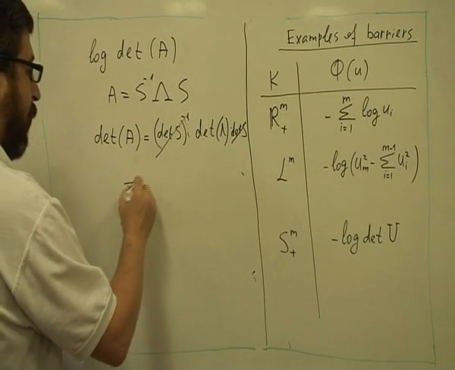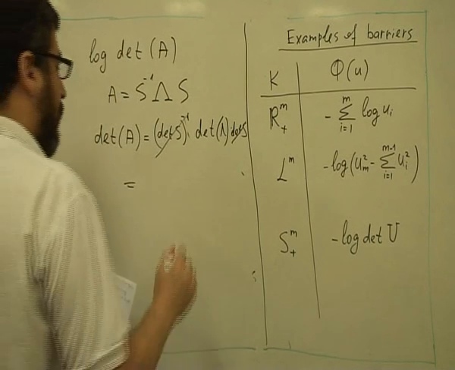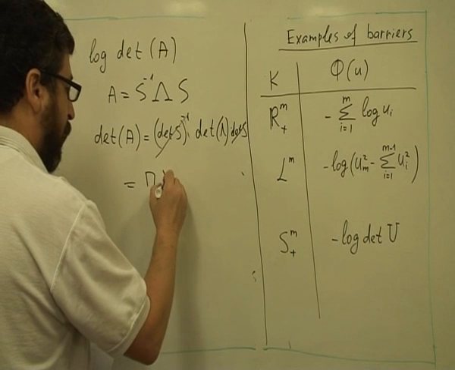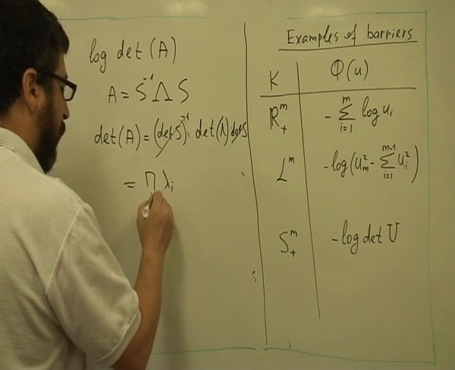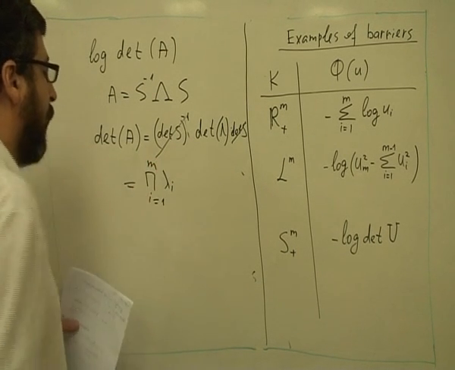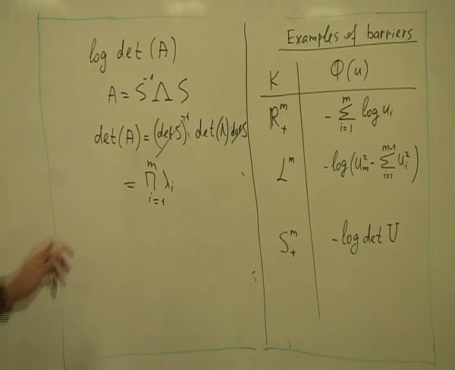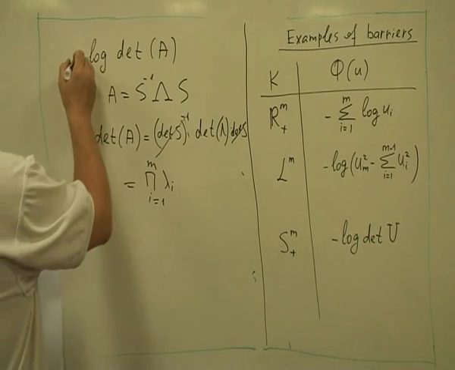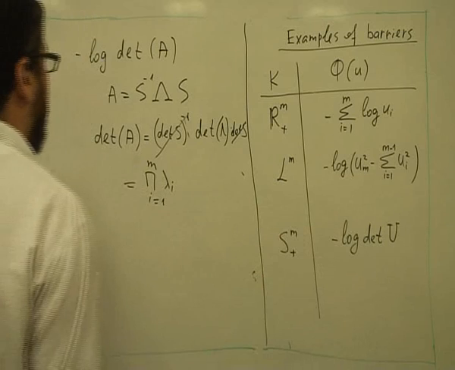And the determinant of a diagonal matrix is just the product of its entries, so it's the product of lambda i from 1 to m.